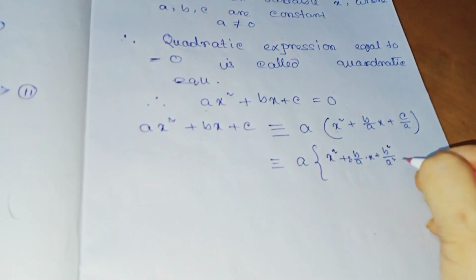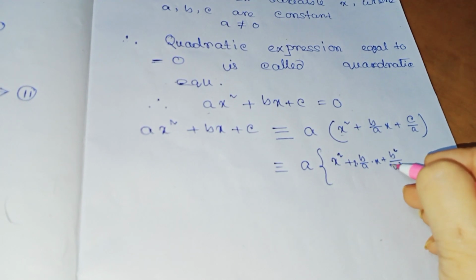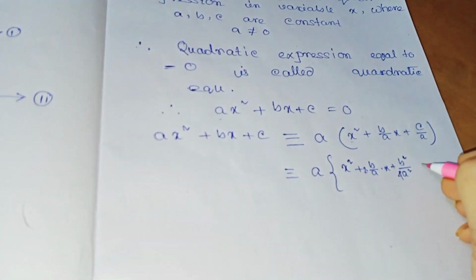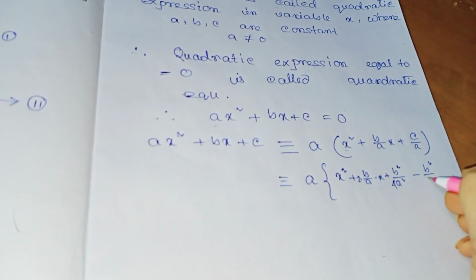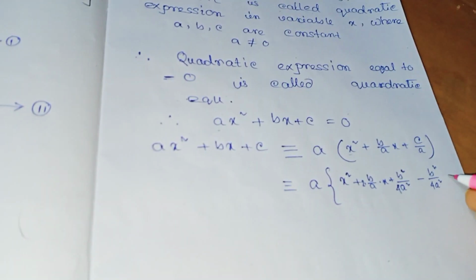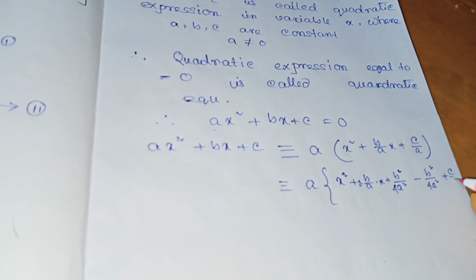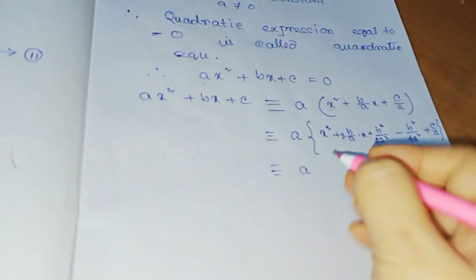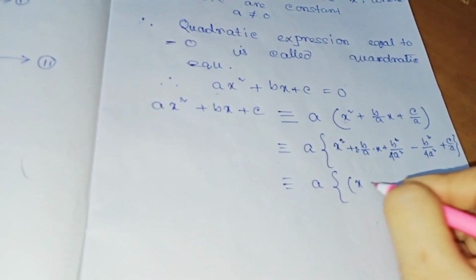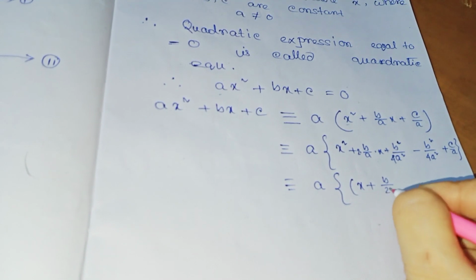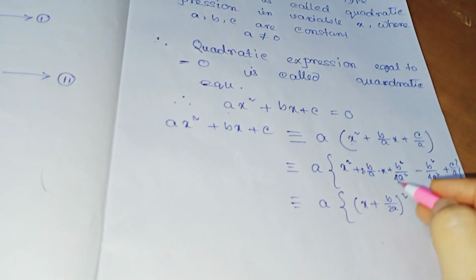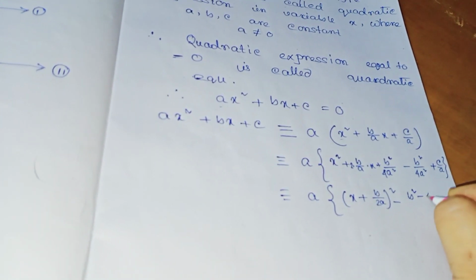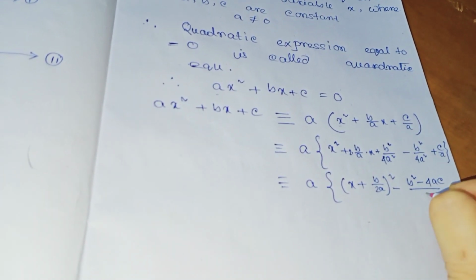So it becomes 2a whole square, that is 4a square, and it is the excess one, so minus b square by 4a square, and plus c by a is the remaining factor. So that is equal to x plus b by 2a whole square, and this form becomes b square minus 4ac divided by 4a square.